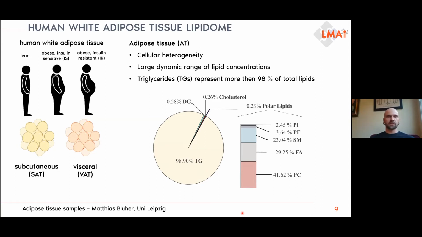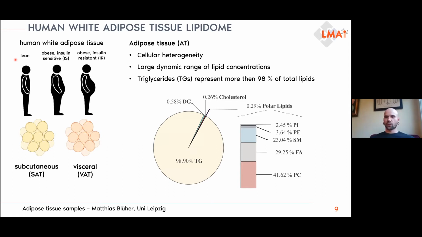We got biopsies from subcutaneous and visceral adipose tissue depots from different sample cohorts. We had lean patients and a cohort of obese patients that we also subdivided into metabolically healthy, insulin sensitive patients and metabolically unhealthy, insulin resistant patients.